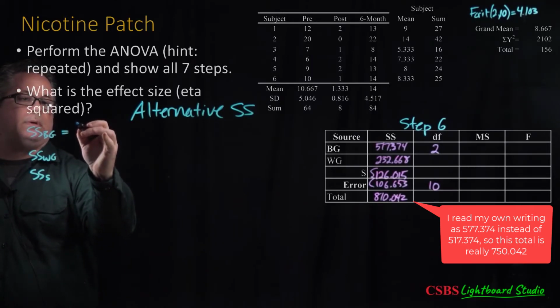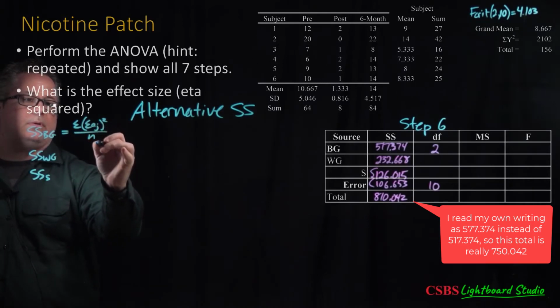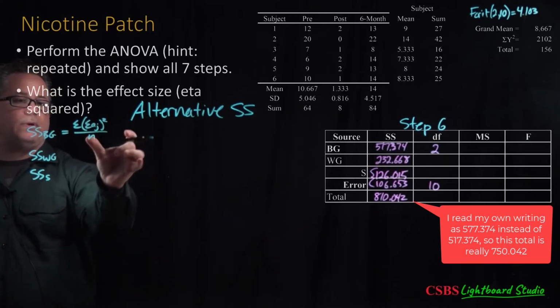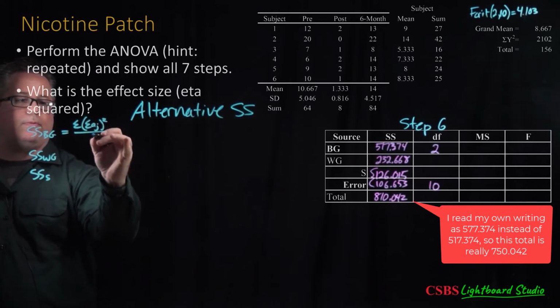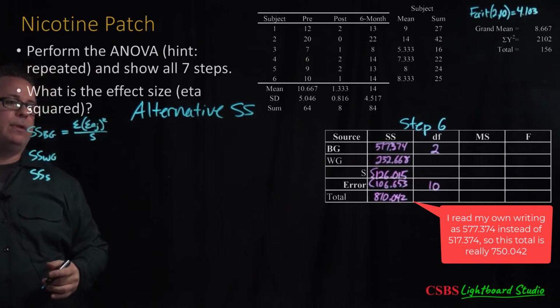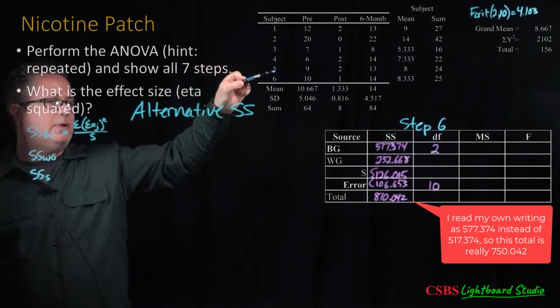All right, so between groups is the same. It's going to be the sum of A_j squared over n. I think when we did it this way, because it's a little bit different, because the subjects are repeating, we refer to this as S. But really, they're functionally the same thing. It's just because it's the same subjects each time.